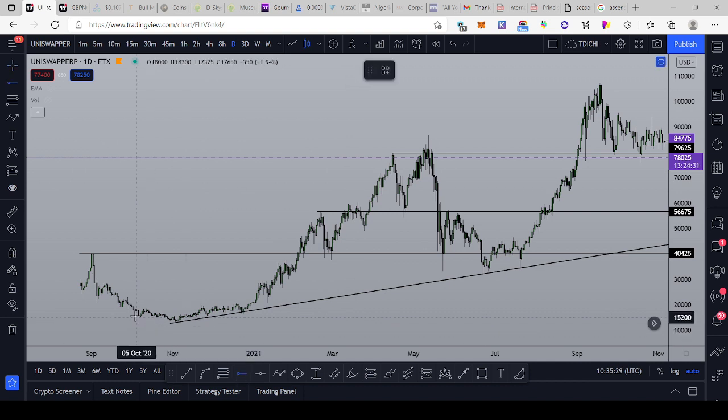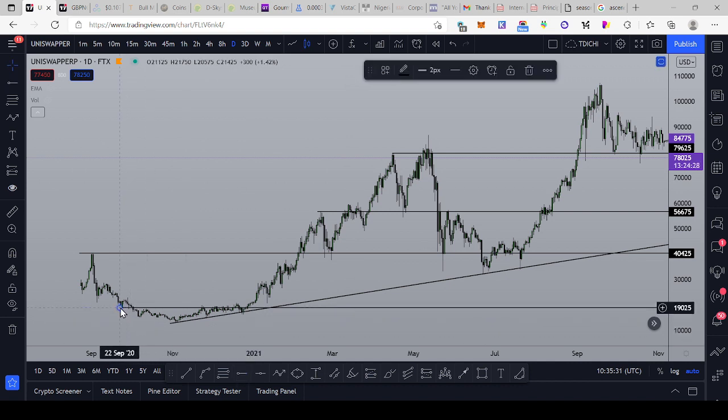Let's just start from here. It broke out here in December, and you know what happened to the market?